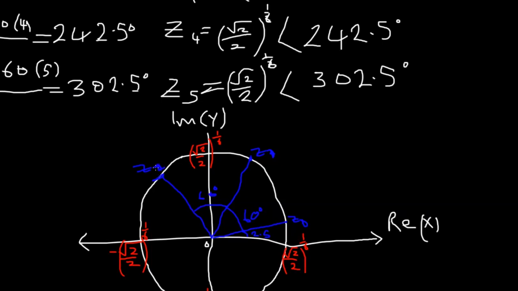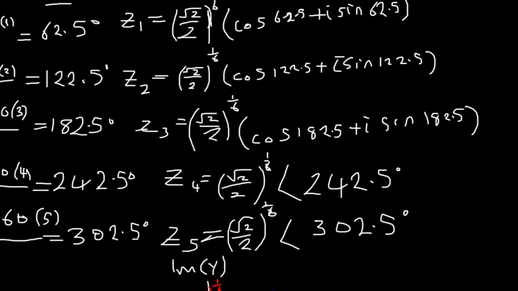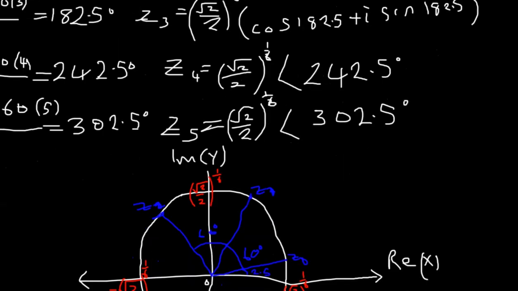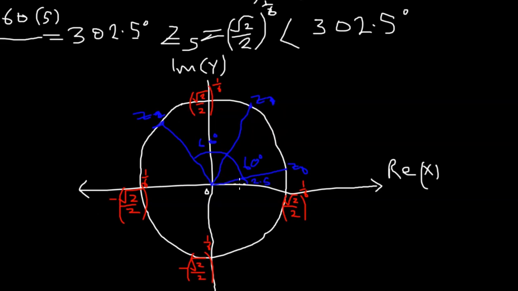Yeah, so now we'll move on to Z3. So Z3 is 182.5, which is somewhere there. So Z3 is going to be like this, 182.5, which is just the same as putting another 60 there.